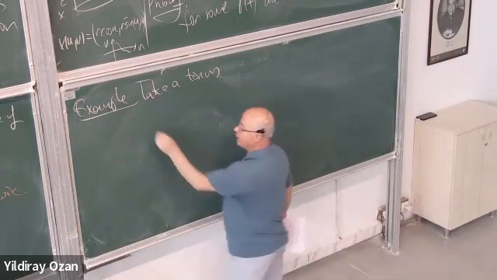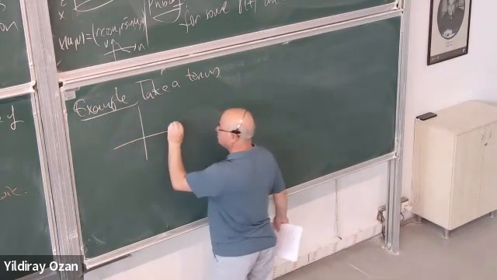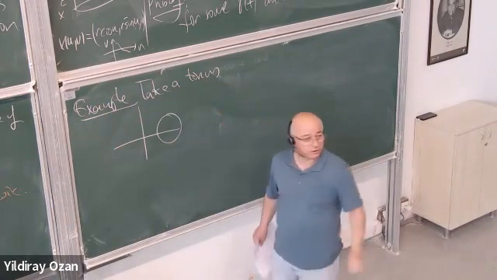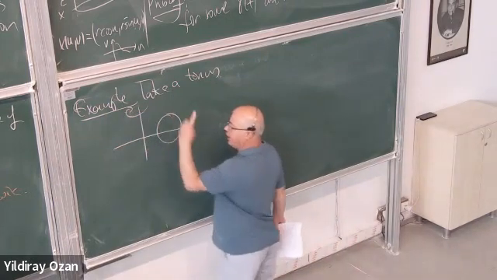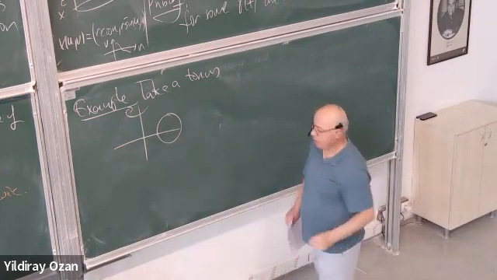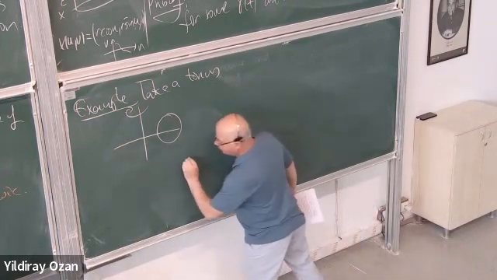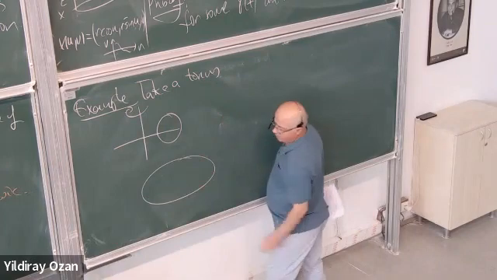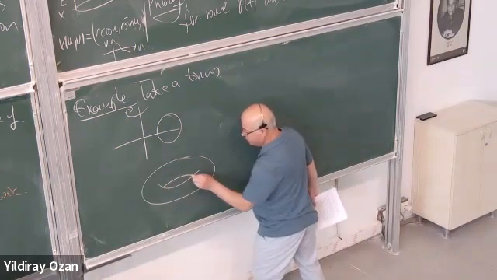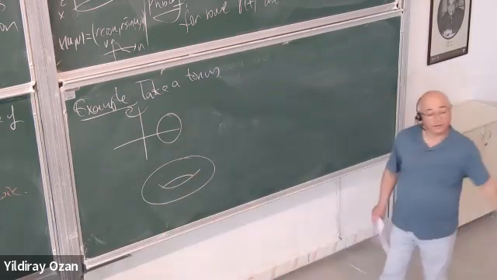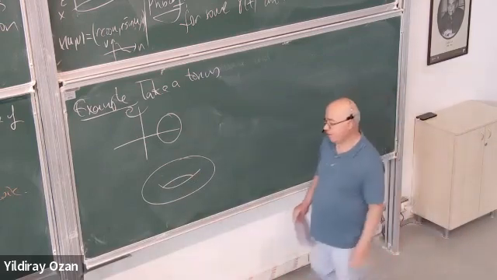This time you take a circle on the plane and again just rotate about an axis. You will get the so-called torus, right? Like this. What are the geodesics?